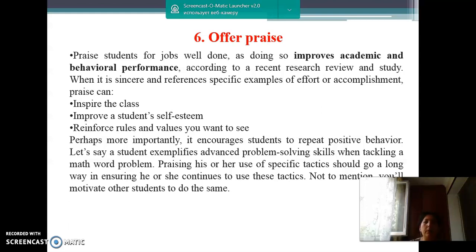Perhaps more importantly, it encourages students to repeat positive behavior. Let's say a student exemplifies advanced problem-solving skills when tackling a math word problem. Praising his or her use of specific tactics should go a long way in ensuring he or she continues to use these tactics. Not to mention, you will motivate other students to do the same.